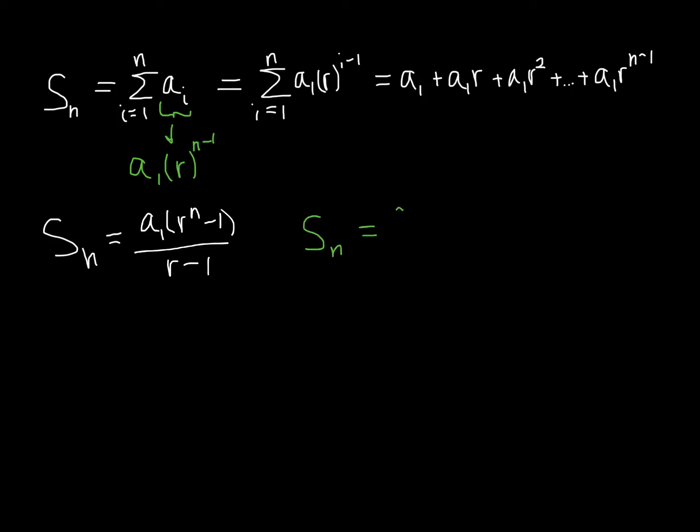Sometimes it's easier to write it this way: a sub 1 times 1 minus r to the n over 1 minus r. Either one is going to get you where you need to go. And for both of these, what can't r be? When we manipulate this, we're multiplying by r minus 1, so if r were 1, we'd end up with an undefined statement. So this is as long as r is not equal to 1.